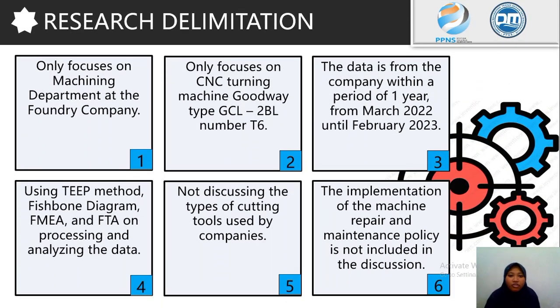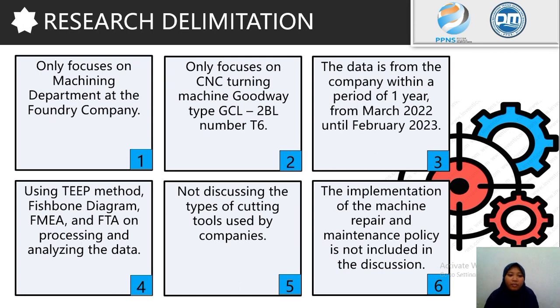And then research delimitations. There are first, only focusing on the machining department at the foundry company, and the second, only focusing on the CNC turning machine Goodway type GCL2PL number T6. And then the third, the data is from the company within a period of 1 year, starting from March 2022 until February 2023.